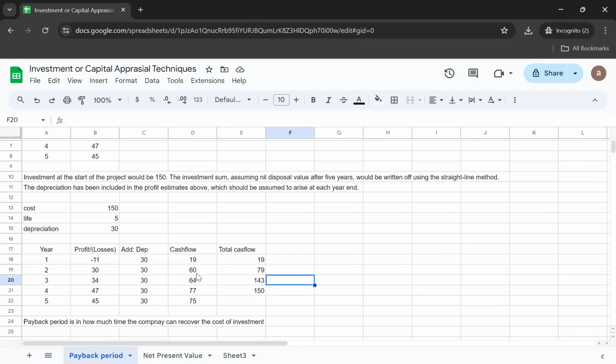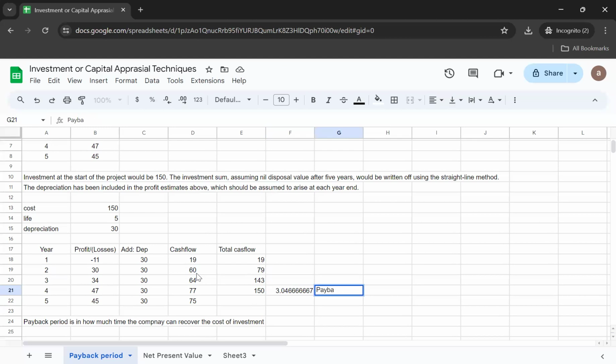Now it's going to be 3 years, and 7 over 150. Let's add it into this actually, and then it will be 3 plus something. So it's basically 3.04, so 3 years and the first few months of year four. So this would be the payback period.